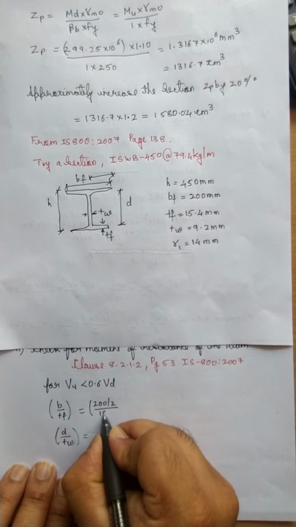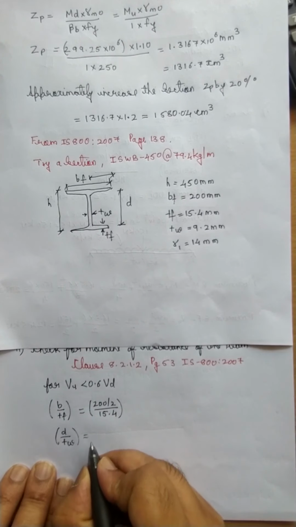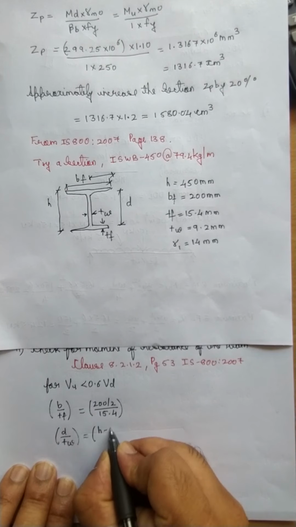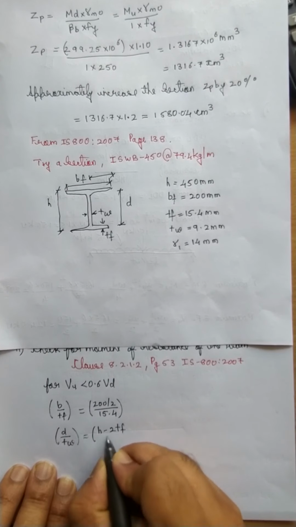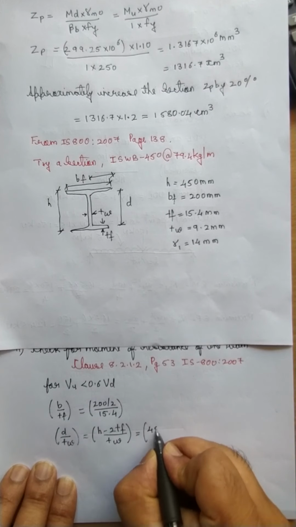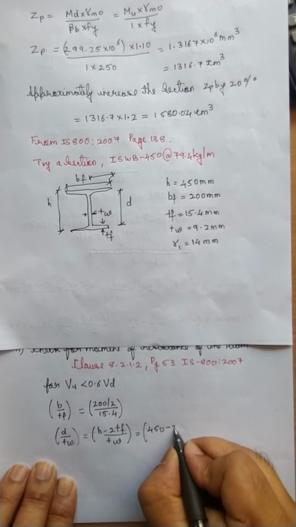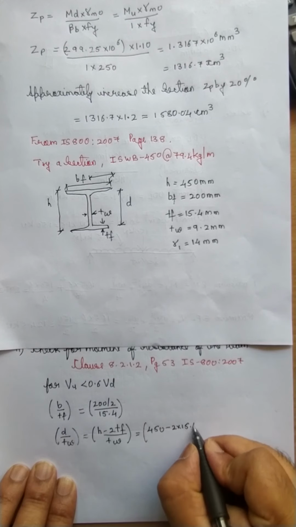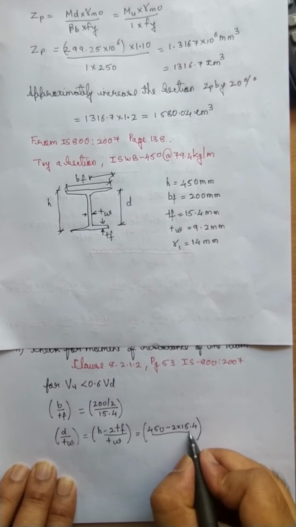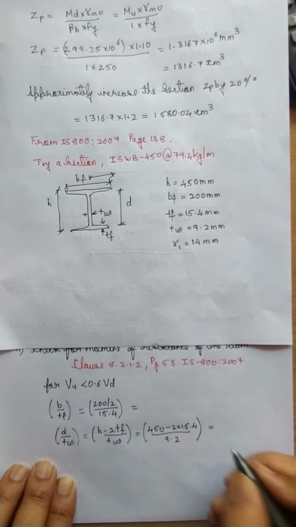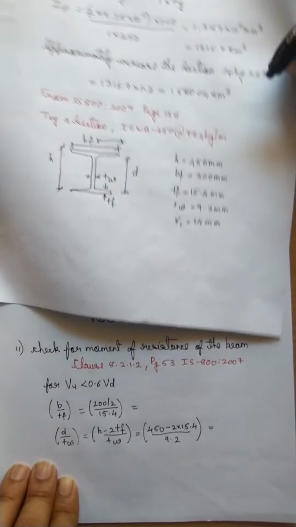Thickness of flange is 15.4. D is H minus 2 times TF divided by TW. So H is 450 minus 2 times the thickness of flange divided by 9.2. So let us check how much this is working out to be.